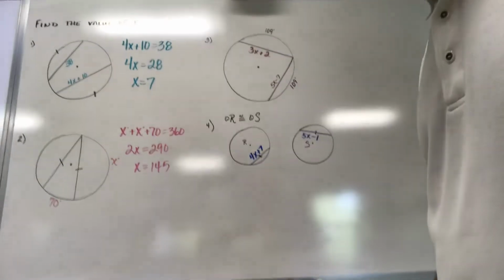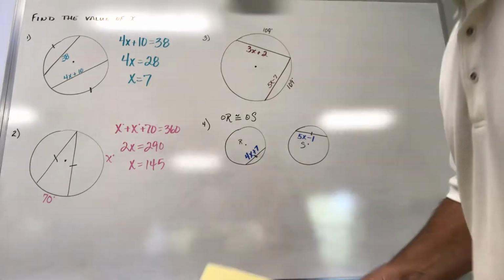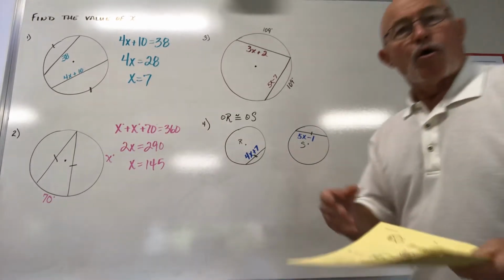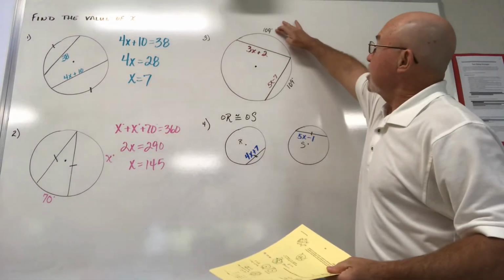Okay, so you found the x there. Now, a couple more. Here, we may not see the marks. We may have actual numbers.